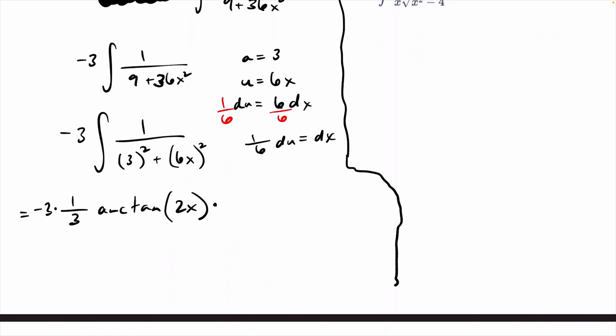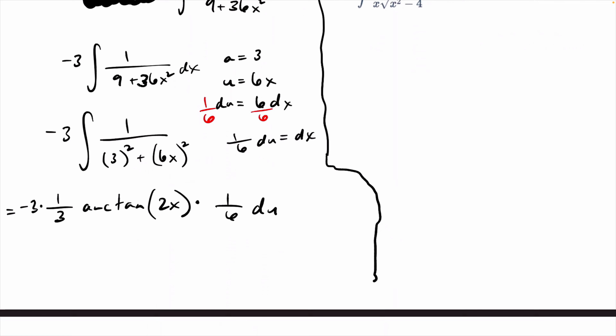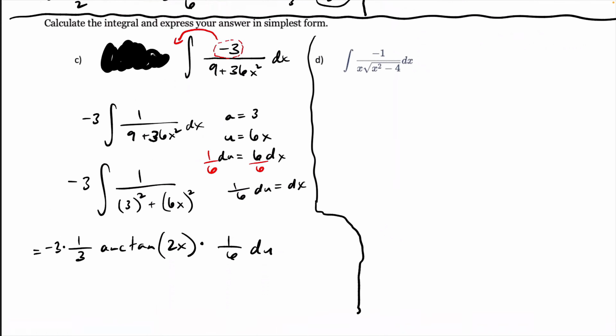Now I have to substitute in dx, because there was a dx at the beginning. I didn't write dx here, I should have written dx just to keep it. So now I have to put in 1/6 du. So you have negative 3 times 1/3, which is negative 1, times 1/6, negative 1/6.